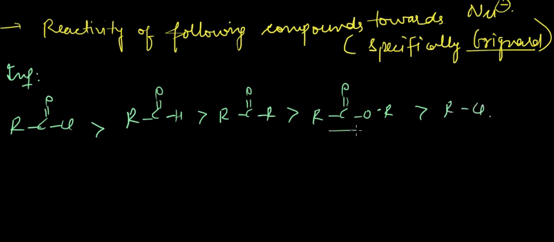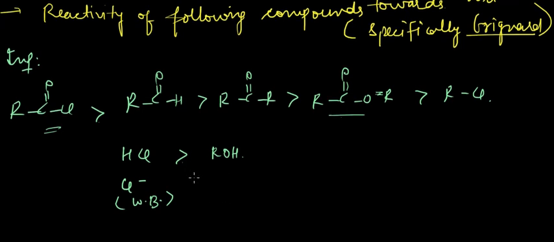So why is the RCOOR rate lesser than RCOCl? Because HCl is a stronger acid than ROH, hence Cl minus would be a weaker base, whereas OH minus is a stronger base.